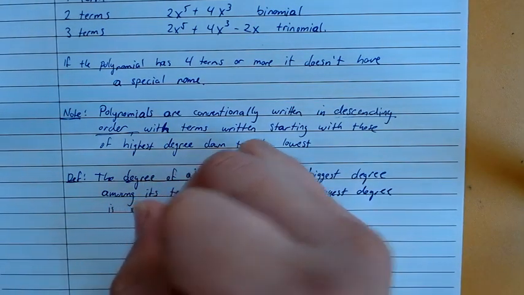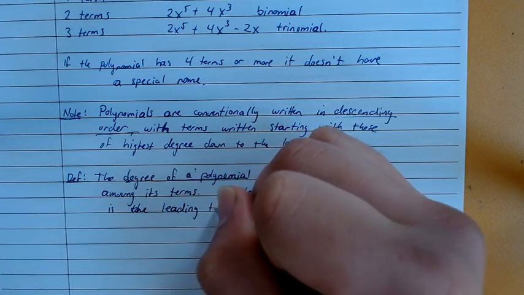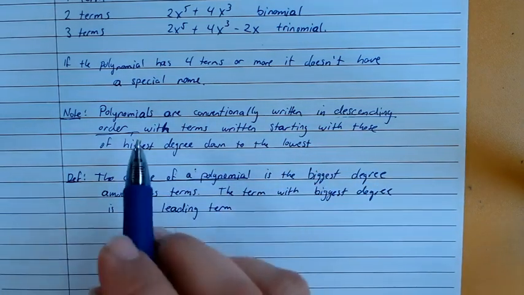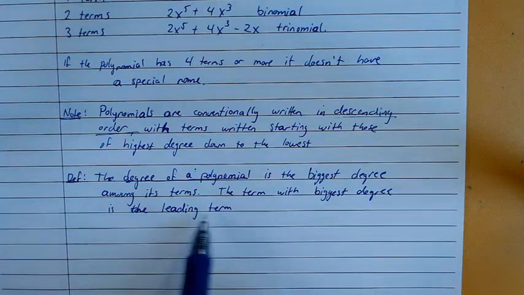And again, typically it's called the leading term because if you write things by convention, in descending order, then it will be the first one. So it'll be leading, it'll be in the front.